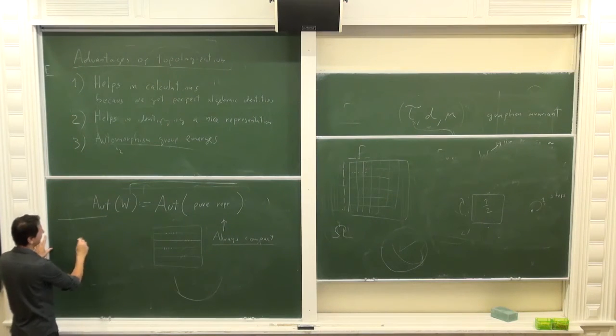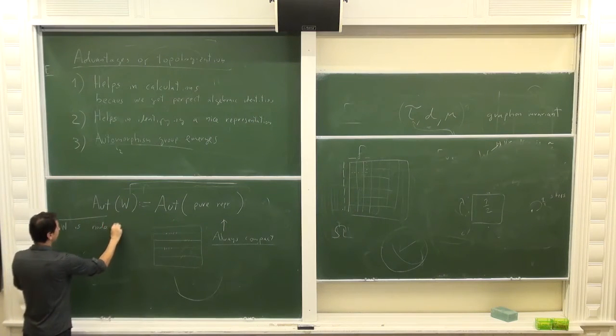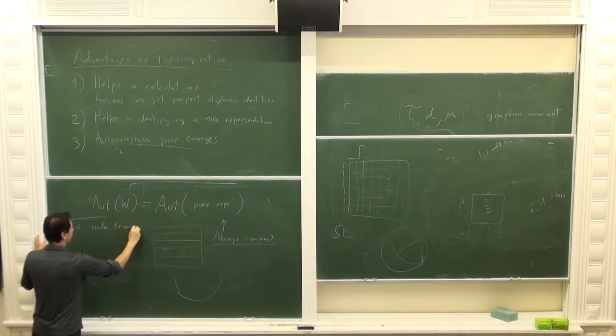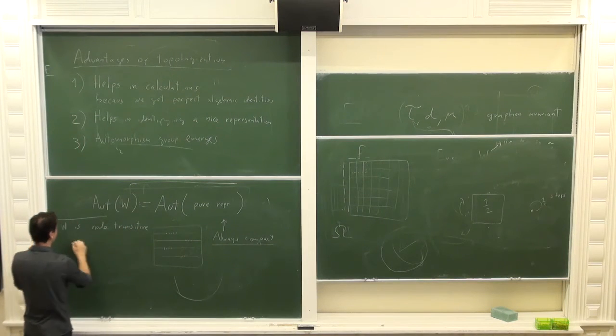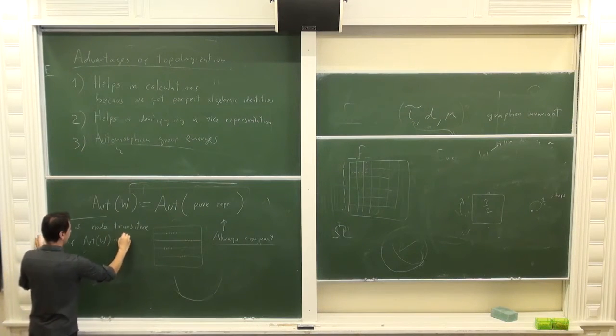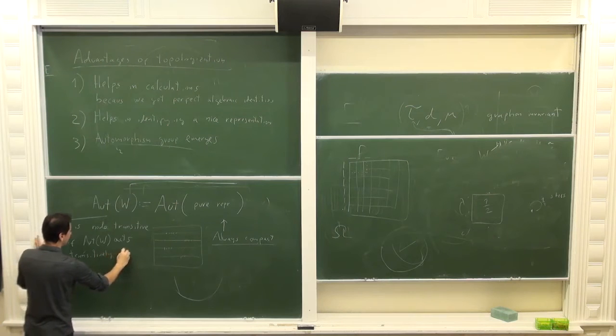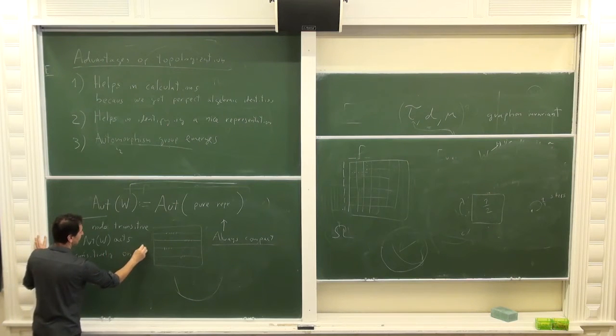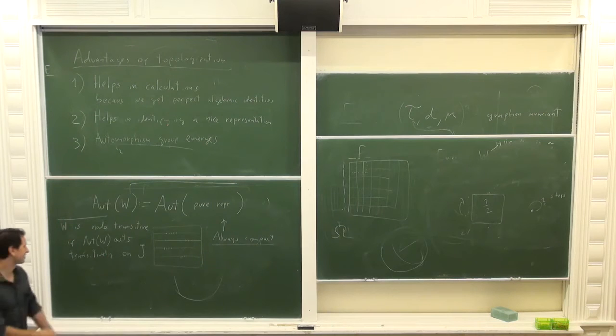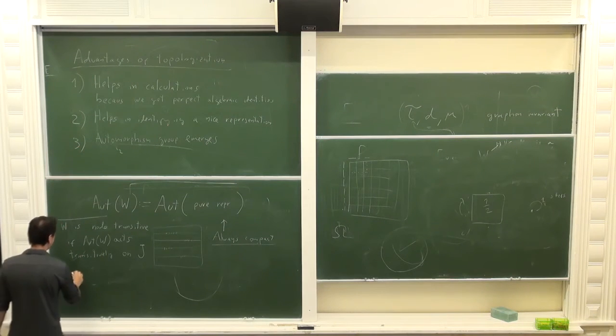So in particular, if Aut W acts transitively on J, which is the pure underlying space of the pure representation, and such graphons are always compact. So this implies that J must be compact.